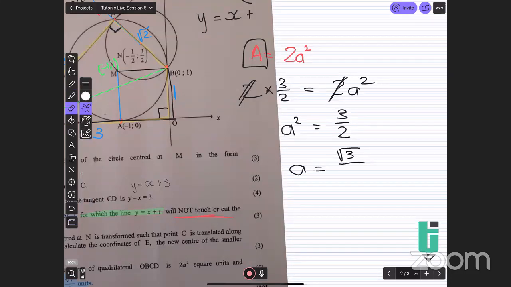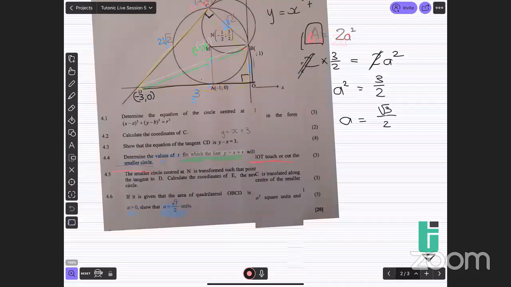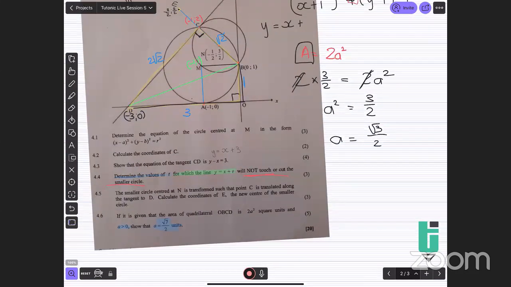Let's just see. Did we make a mistake here? Just see here quickly. The calculator. So I got root 6 over 2, so maybe we made a mistake here.